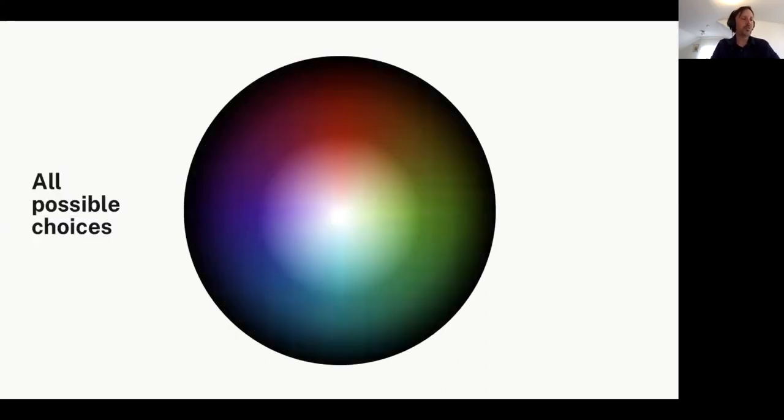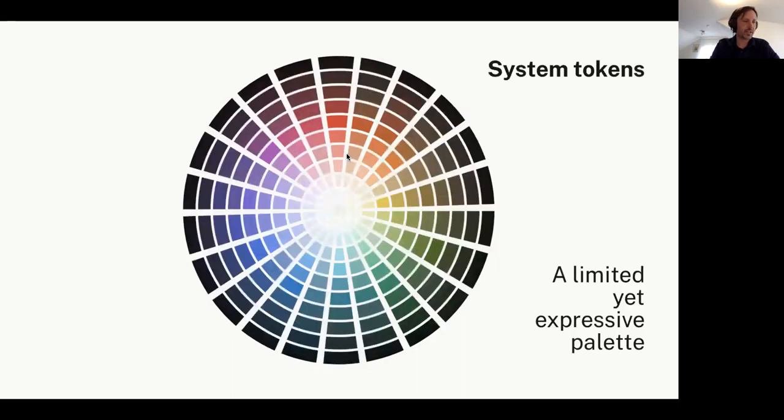So if pure flexibility, for instance, is all available color choices, the design system tokens create a limited yet expressive palette of choices that are common to every USWDS project. These are all the colors, with the exception of grays and vivid variants, that are available to any design system project.